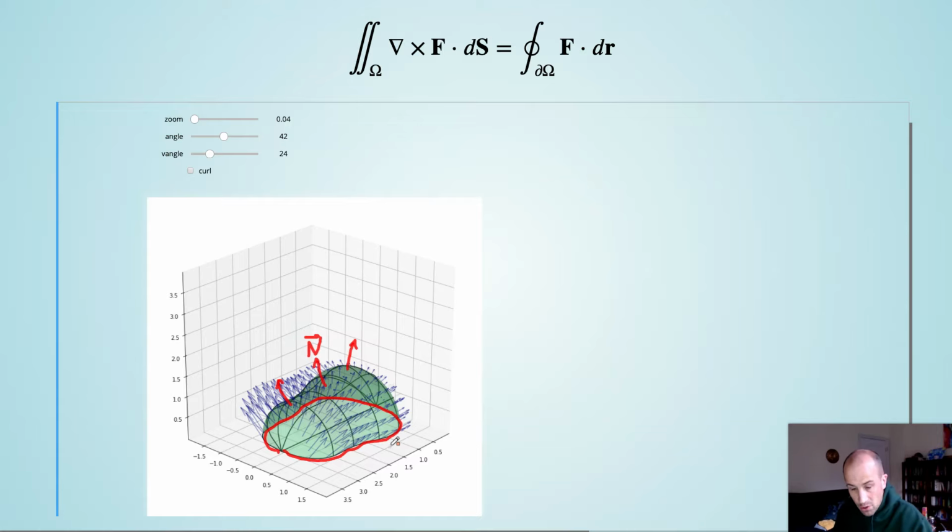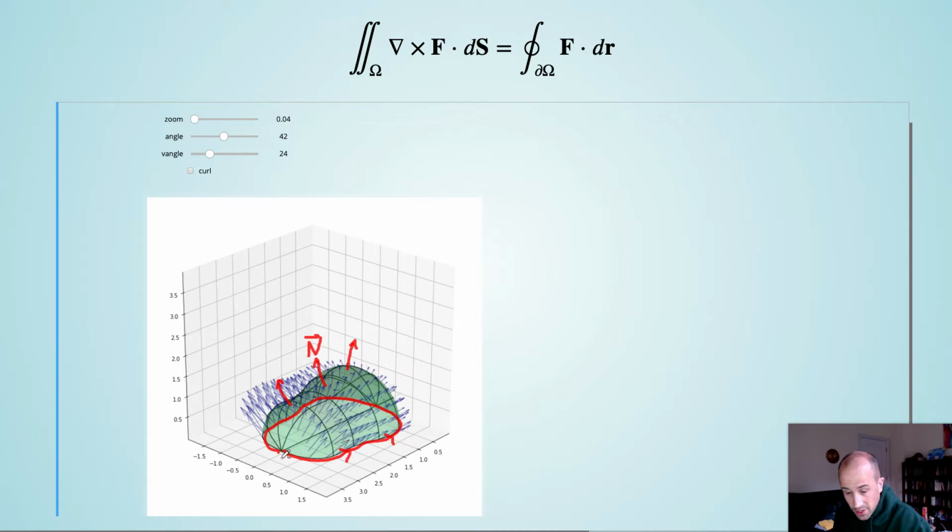So in order for Stokes' theorem to apply, notice they're both these new kinds of integrals, a surface integral on the left and a line integral on the right. Both require orientation for their respective objects. So if omega is oriented upward, we need to choose our orientation of its boundary so that it lines up and these give the same number. Long story short, we want to orient our boundary this way.